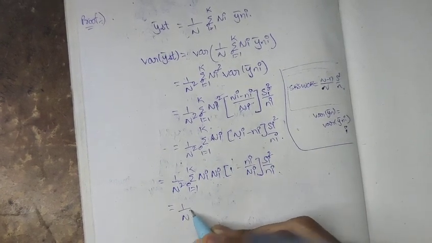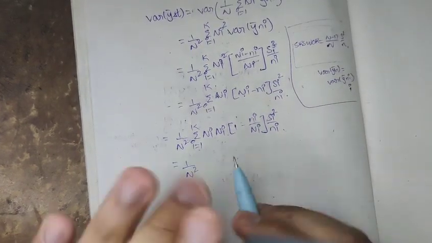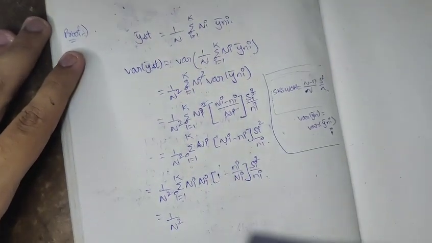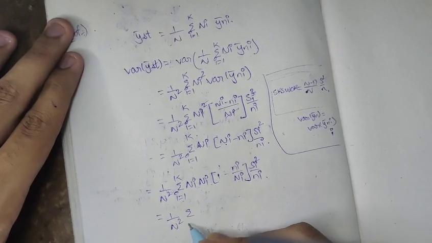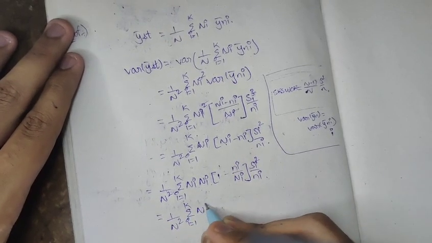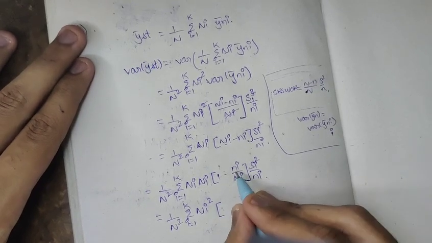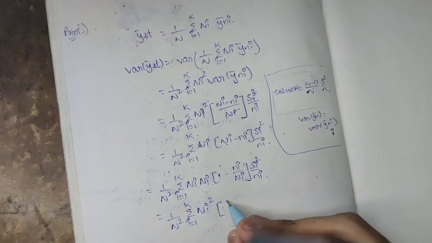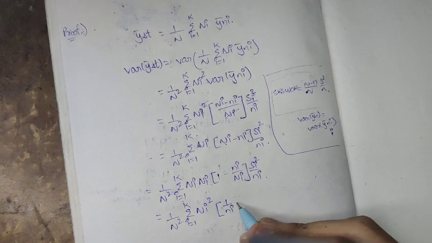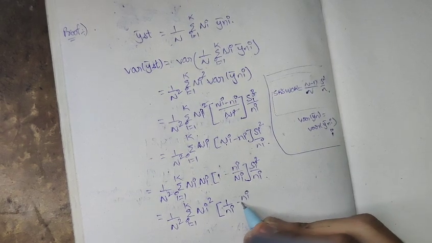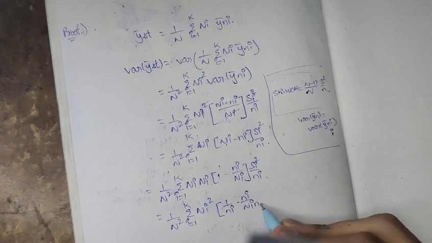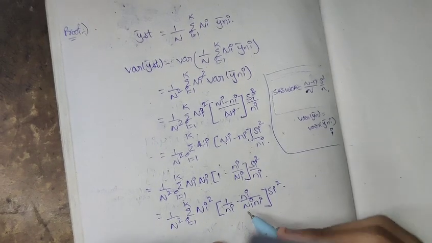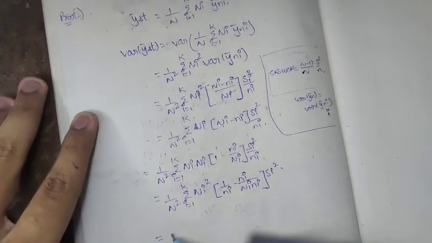Now, all we have to do is simplify this to achieve the required form. 1/N² summation from i = 1 to k of N_i². If we take this N_i inside too, it becomes 1/n_i − 1/N_i, into small n_i S_i².